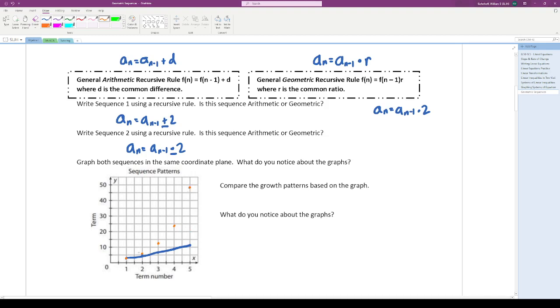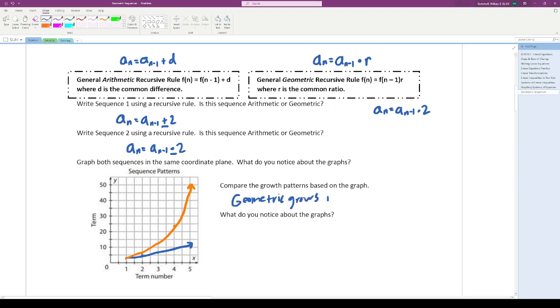So notice that this is not a straight line, right? This curves up and it increases much more quickly than the arithmetic sequence. So we see that by repeated multiplication, our numbers grow a lot faster. So the important thing here is geometric grows much faster.